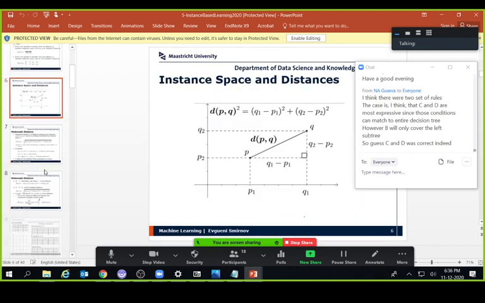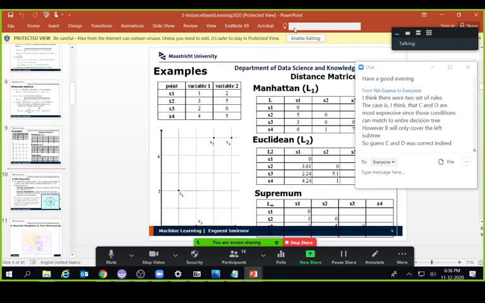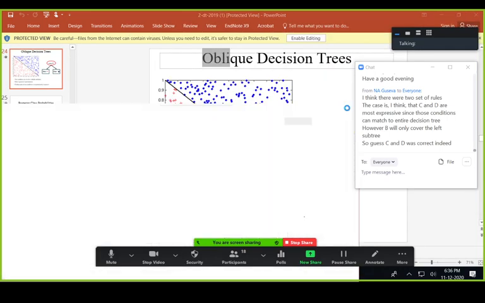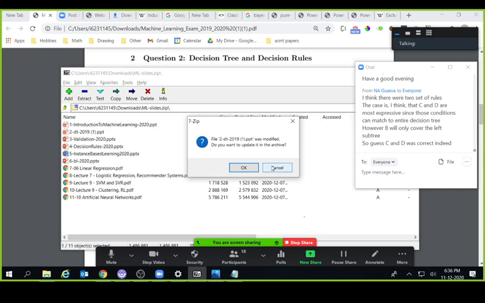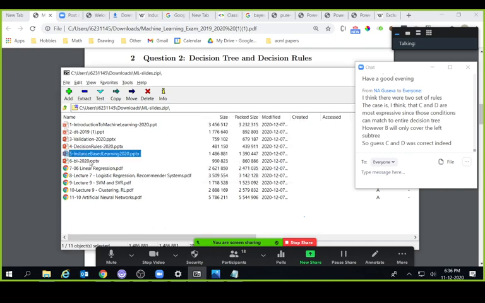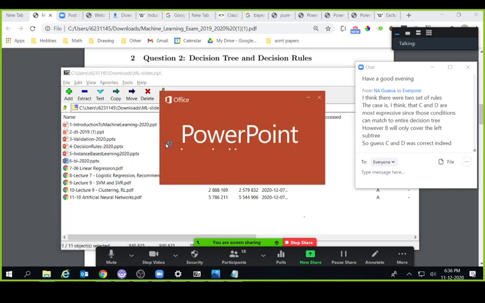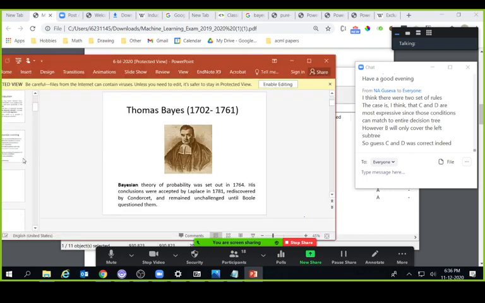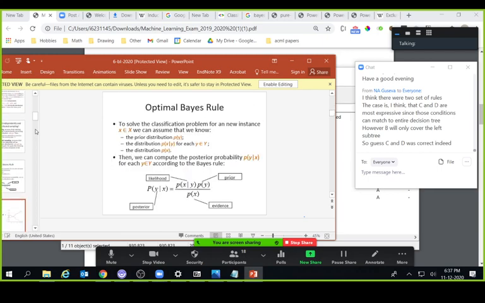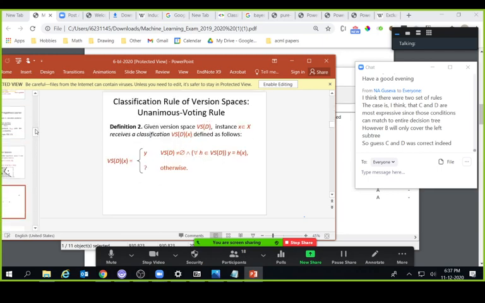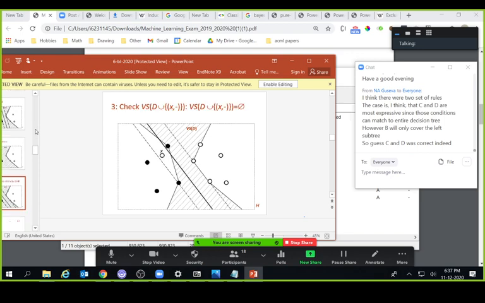I don't even remember what it was. Okay, that's fine. The distances, that's fine. Let me just quickly see what Bayesian learning is.